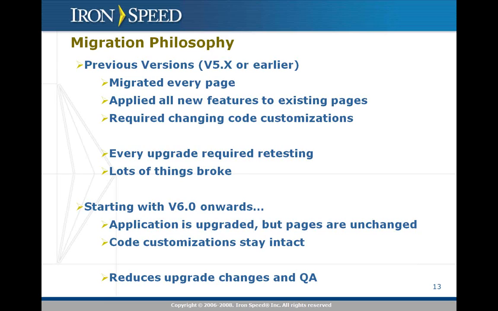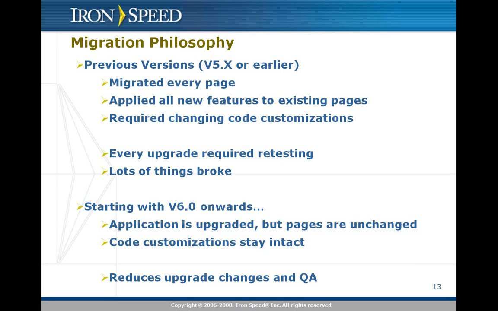In previous versions, our philosophy was that we made a best effort to migrate every page to the latest version. What that did, in some ways, was very good because if a new feature got added in version 5.2, let's say, your application, once you migrated, started using that new feature immediately.